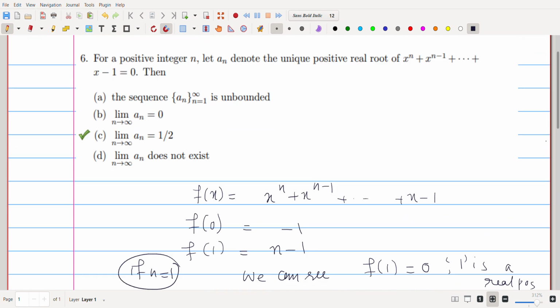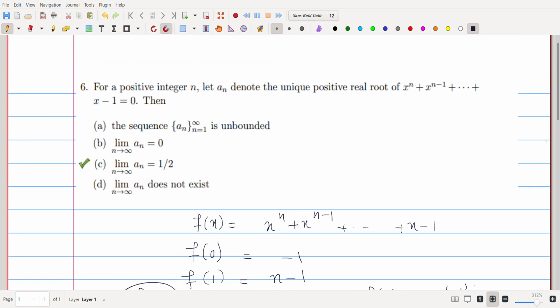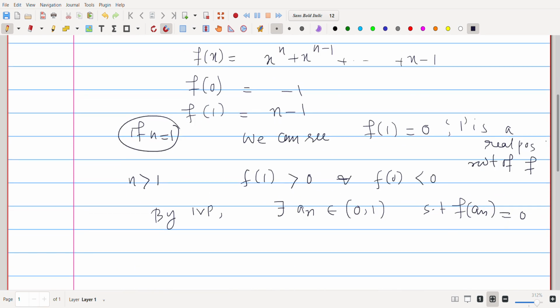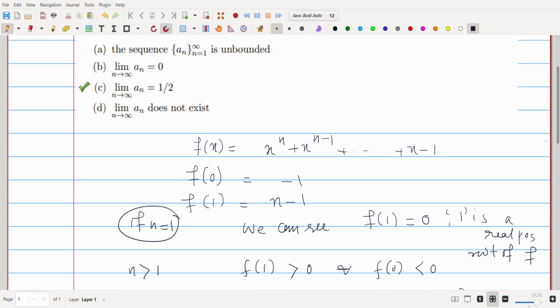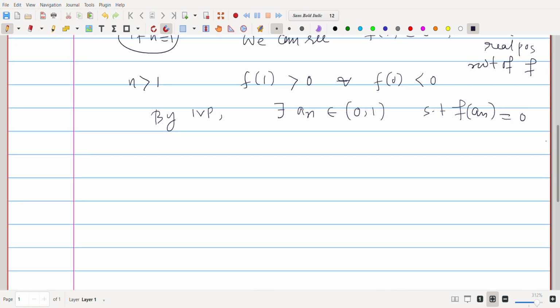And in the question it is given that a_n denotes the unique positive real root. So in particular a_n lies between 0 and 1. So a_1 equals 1, and for n greater or equal to 2, a_n belongs to the open interval (0,1).